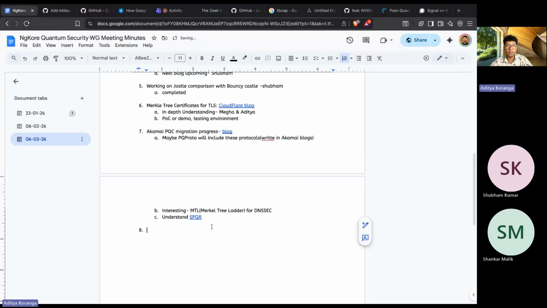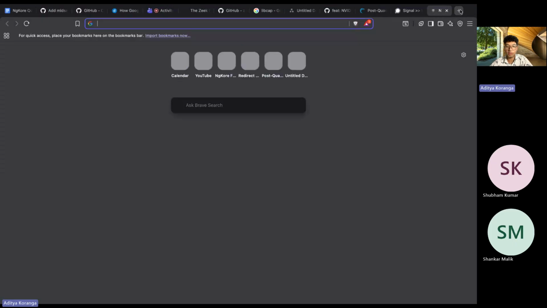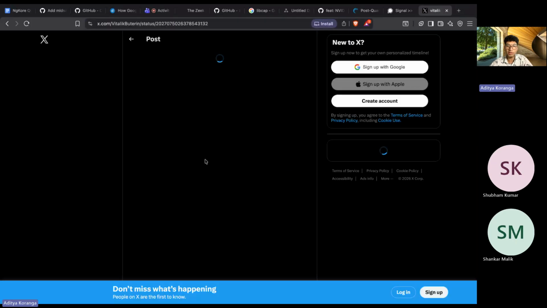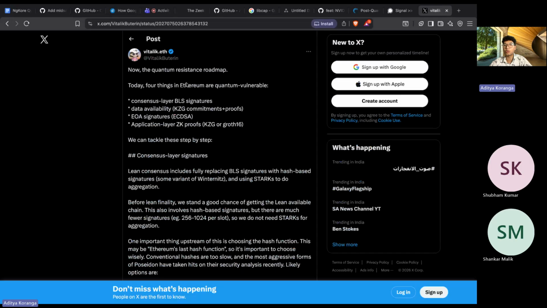Yes. One last thing is this, because this is now the hottest topic. Ethereum has come up with their PQC quantum resistance roadmap, right?